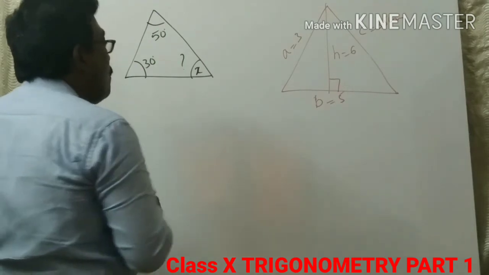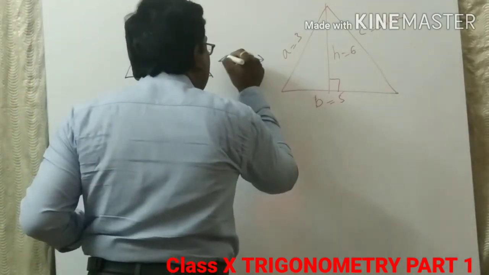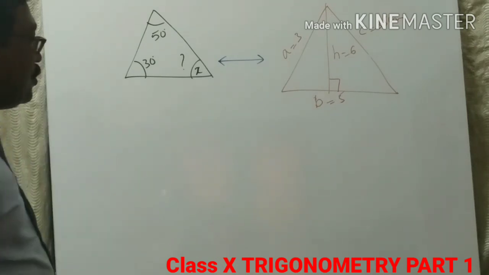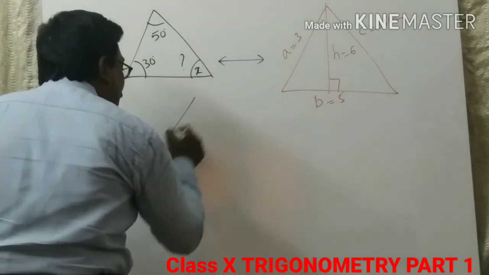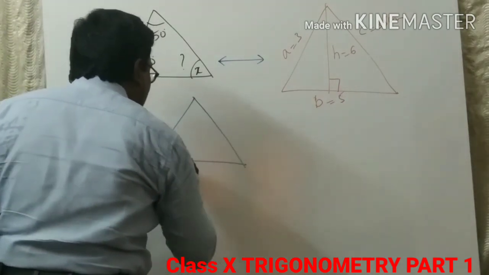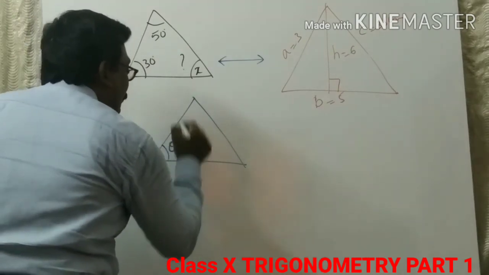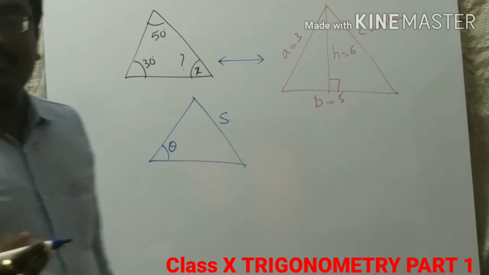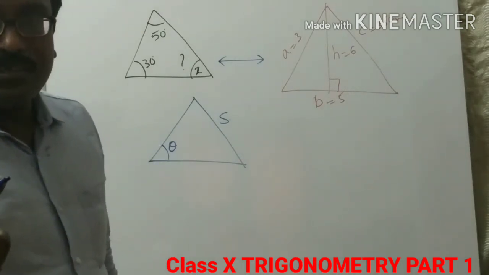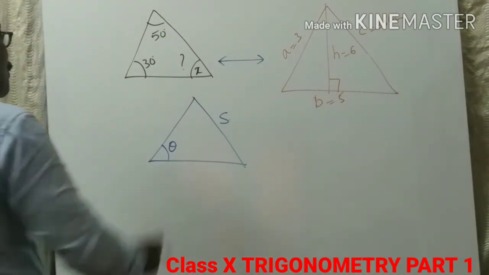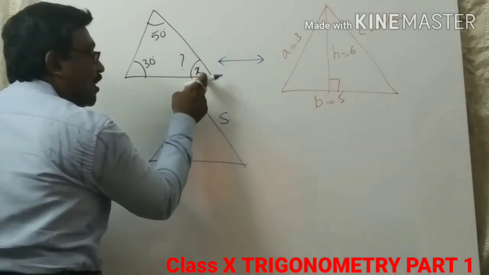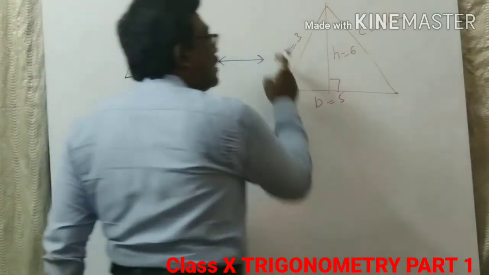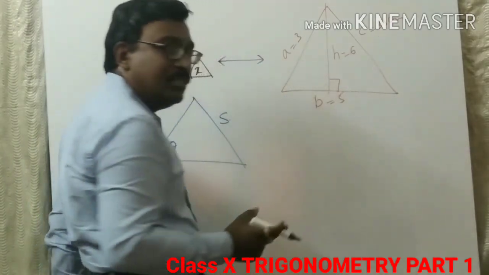Suppose if you mix these two in a triangle, one angle is given and one side is given, then find the other sides or other angles. If 2 angles are given, how to find the third angle? Directly you can find. If 2 sides or 3 sides are given, how to find its area?